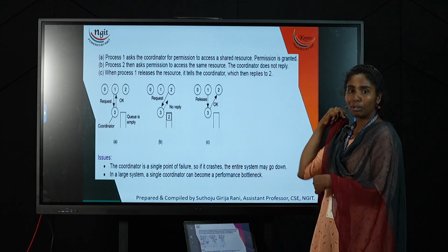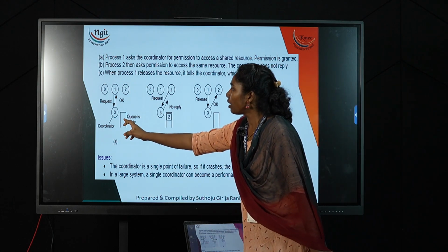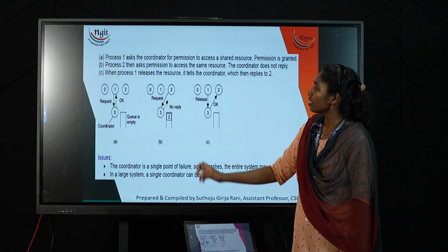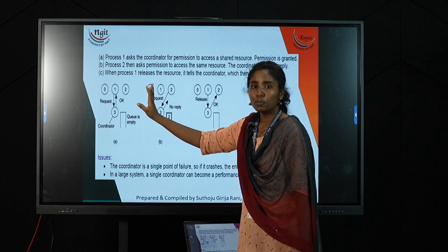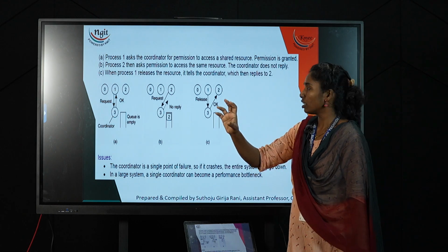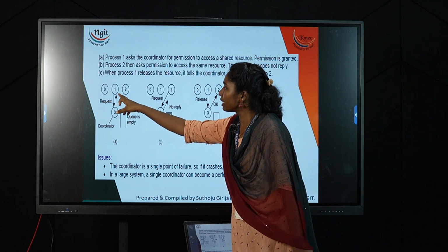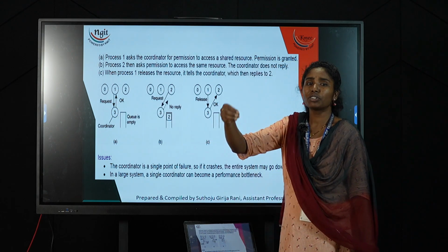If you see the diagram here, we have 3 processes and one coordinator. Now processes 0, 1 and 2 want to utilize this resource. What the coordinator will be doing is taking all the requests from the processes.